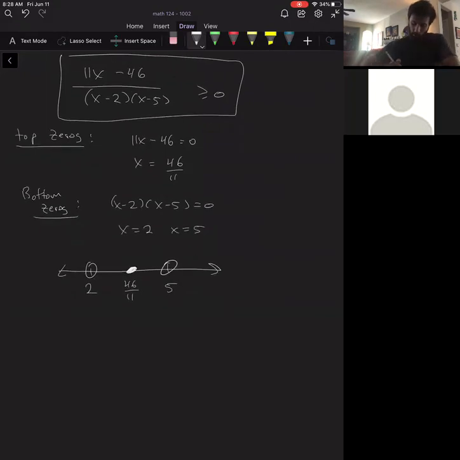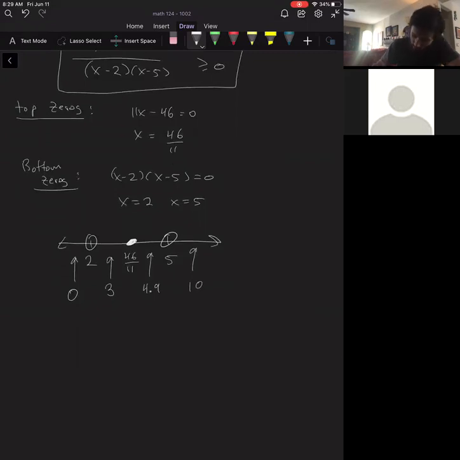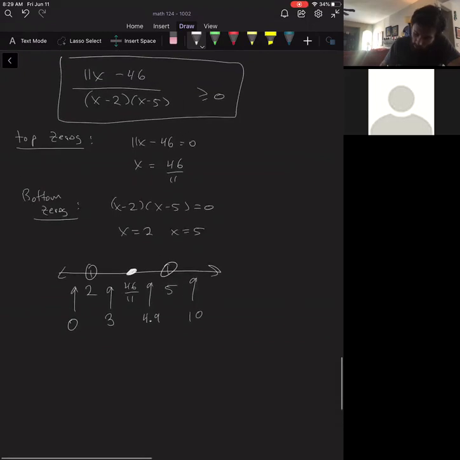Okay, so now we got to plug some numbers in. We can plug in 0. 3 is in here. What's the number to the right of that? We can plug 4.9 in there, and then 10. All right, so we plug in 0.